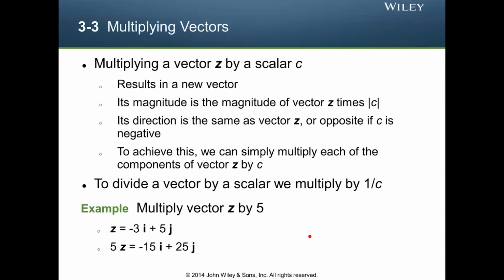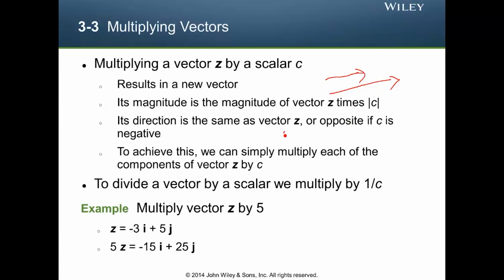Okay, multiplying vectors. You can multiply a vector by some scalar, and in this case we're going to start out by multiplying them by scalars. You have some vector, and we multiply it by a scalar, and it's just going to keep the same direction and increase the magnitude. I'll try to do a little example here.